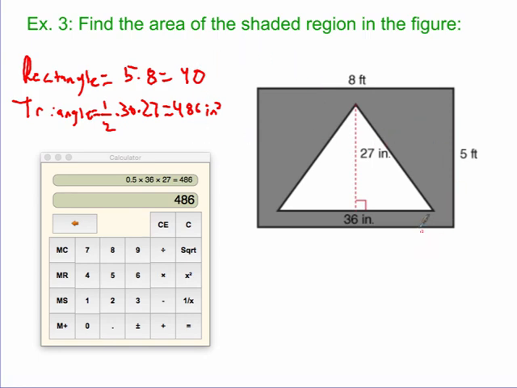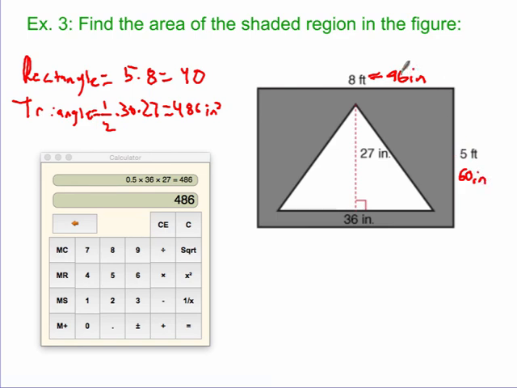Now notice this is an interesting problem, and it's something I should have paid attention to, and we should really talk about. Sometimes you won't always be given the same units. So here I've got 8 feet, here I've got inches. So I've got to turn this into feet, or turn this feet into inches. Well, I know 1 foot is 12 inches, so 8 feet equals 96 inches, and 5 feet equals 60 inches.